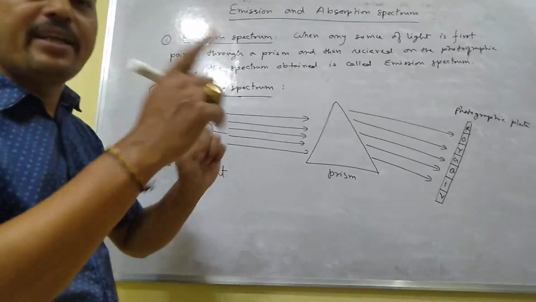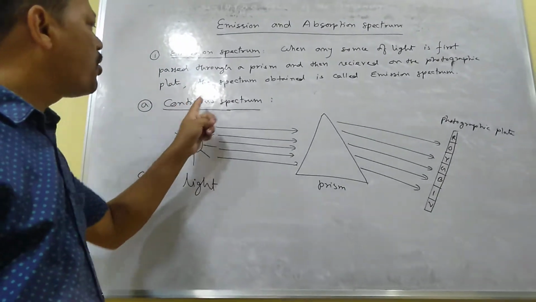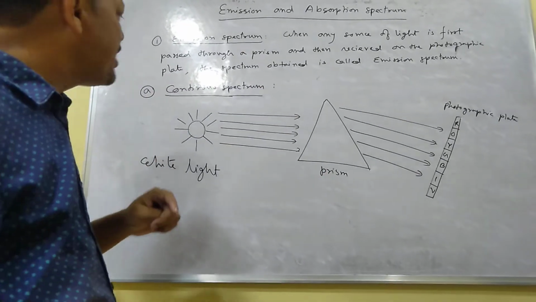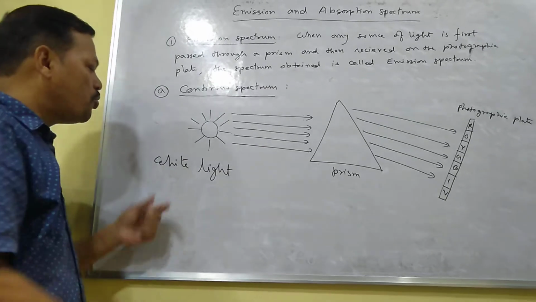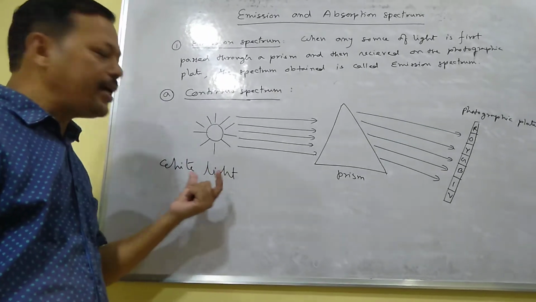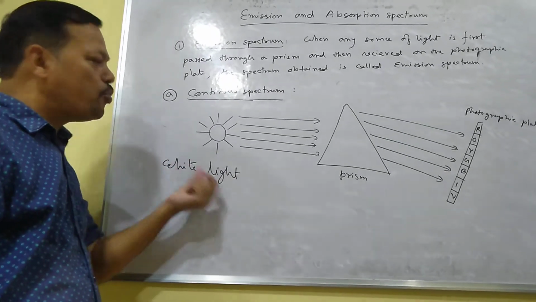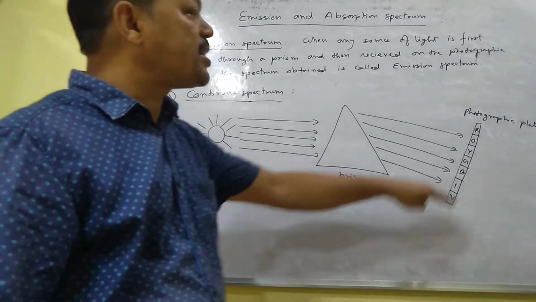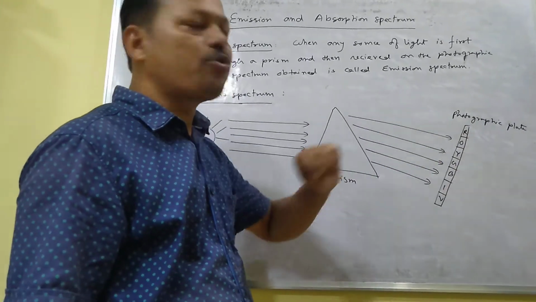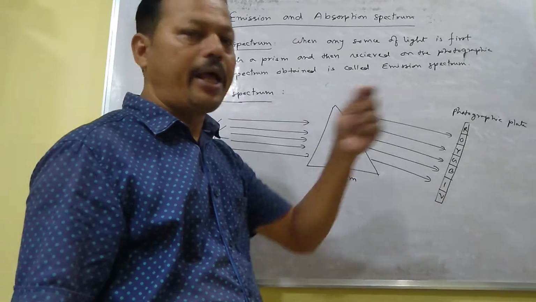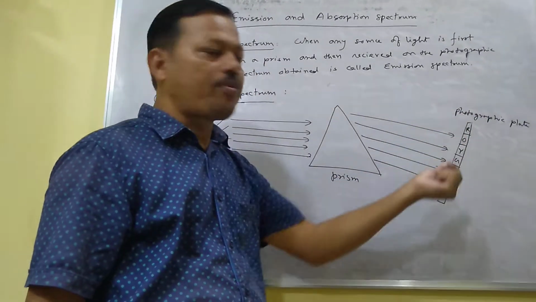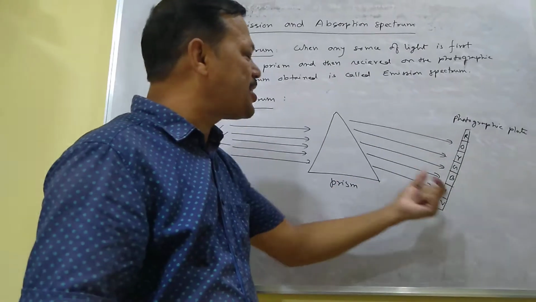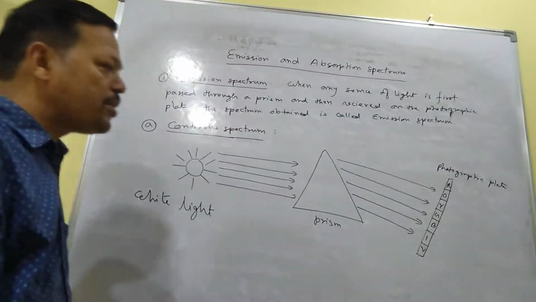So this is one type of emission spectrum. Emission spectrum is again classified into two types, continuous spectrum and line spectrum. How are these classified? Based on the source of light, whether the light is white light or colored light. If we use white light, then you can see the 7 bands of colors in the photographic plate from violet to red, and that spectrum is said to be continuous spectrum.